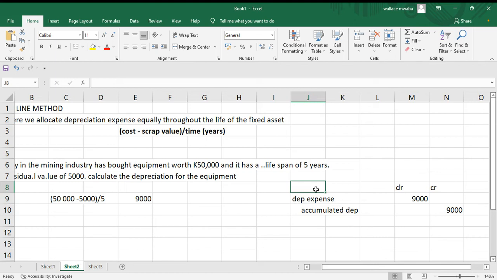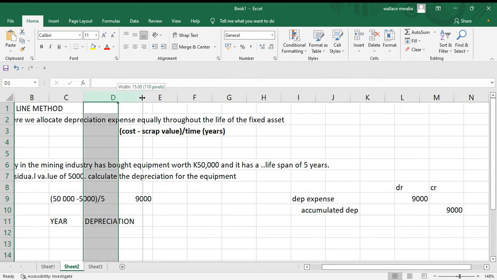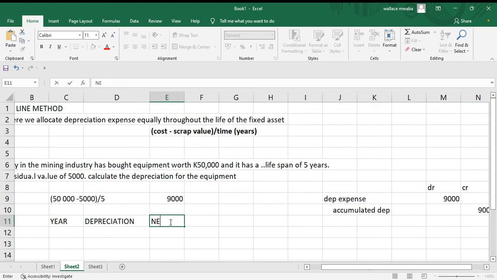Now let's calculate the depreciation for the equipment here. So we'll make a table here. We're going to say year, then depreciation, and then the third column, the net book value, say NBV.